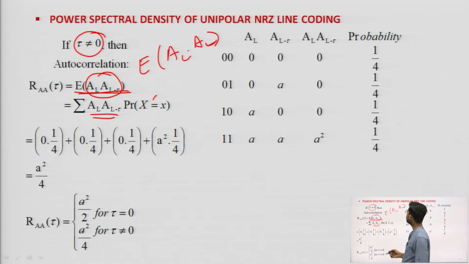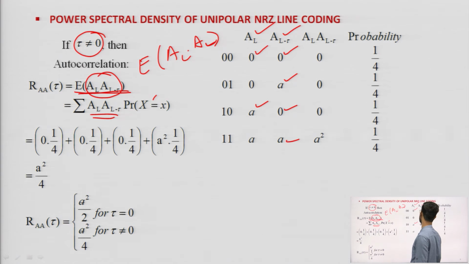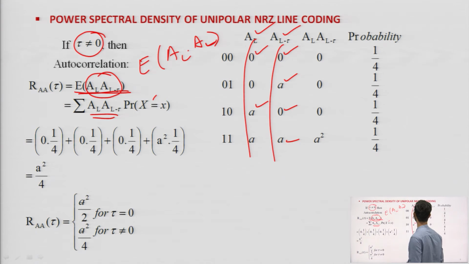So I have to make this table again. For A_L minus tau: if A_L equals 0, after some time it would be 0, or it would be A. If A_L equals A, after some time it would be 0, or it would be the same A. A_L is one column, and this is the A_L minus tau column.